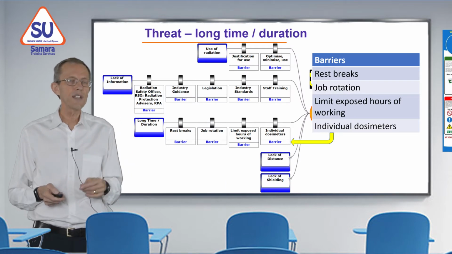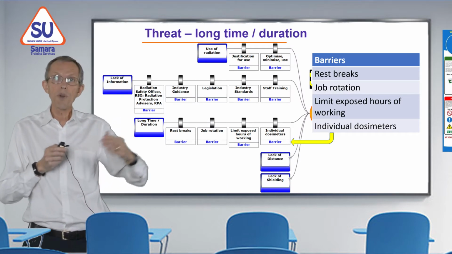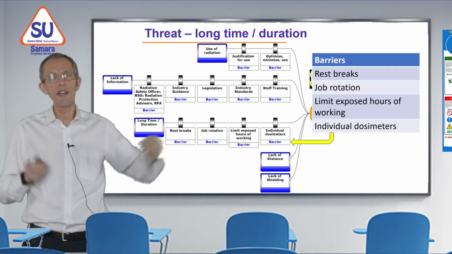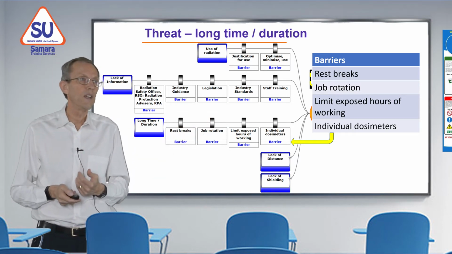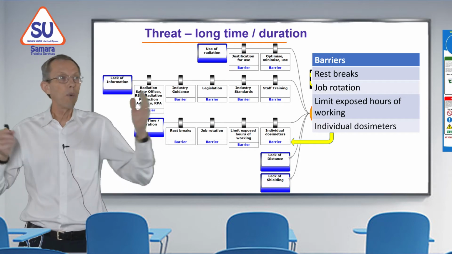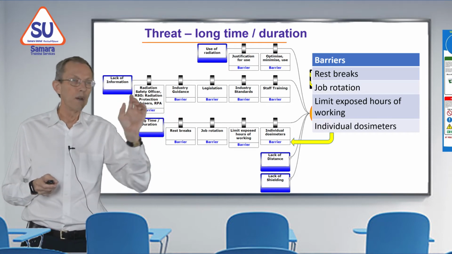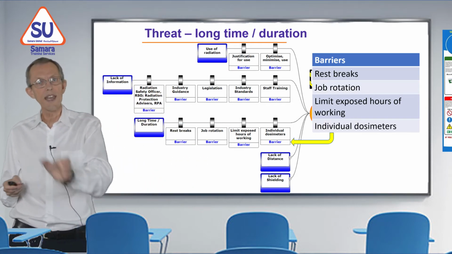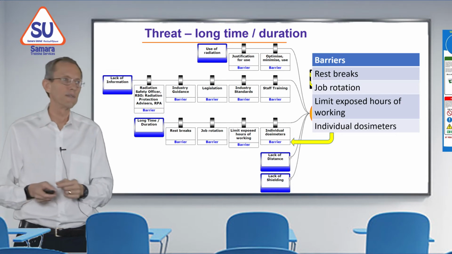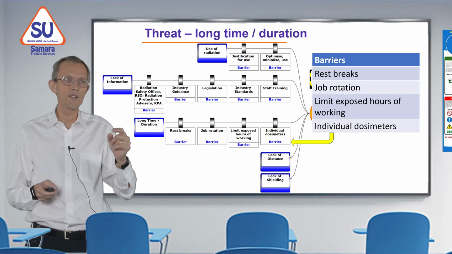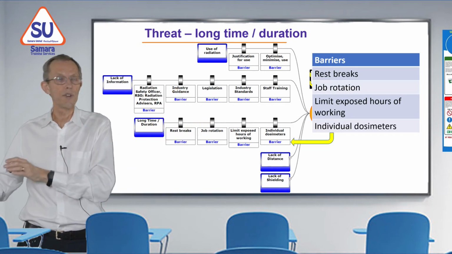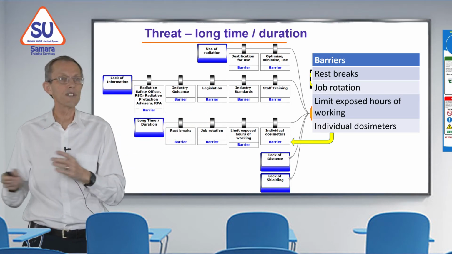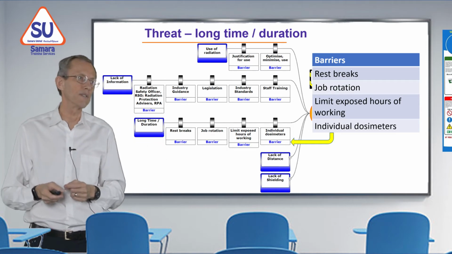The next one on our list is someone's exposed for a long time to the radiation, perhaps because they work with it day in, day out. Well, what can we do? Well, we can reduce the time. We can introduce rest breaks to get them away from the radiation. We can have job rotation, so they work on it perhaps for one day and then not again for another week. So they get a break from the radiation.